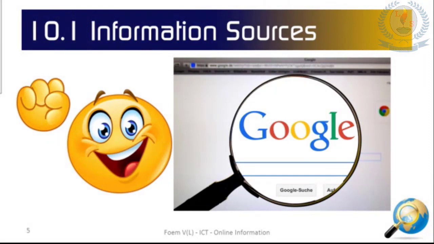Nowadays you will use the best information source. Just type in the keywords on a search engine and quickly find the information you need. I know this is the best method you are using nowadays. You don't want to waste time turning the pages and finding the books and magazines.